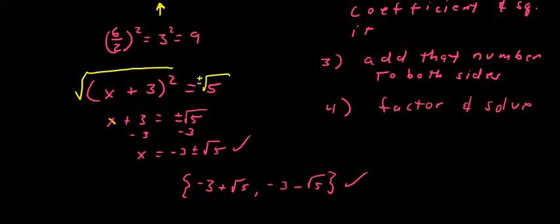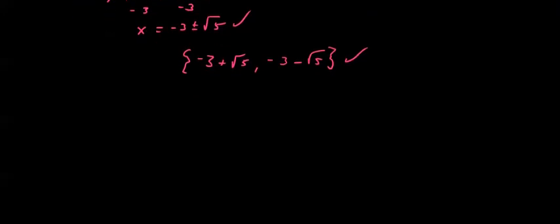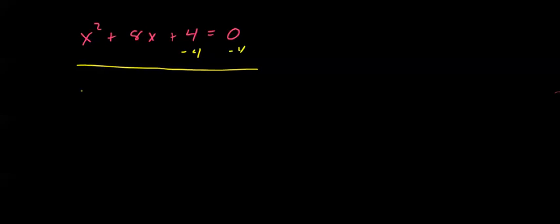All right, let's do a couple of quick examples, and then we'll be done. All right, step 1 is to put the constant on the other side, minus 4. We have x squared plus 8x equals negative 4. And we always add something to both sides.